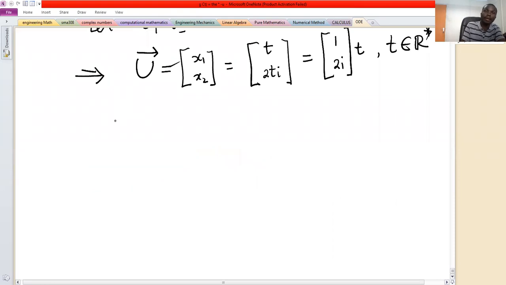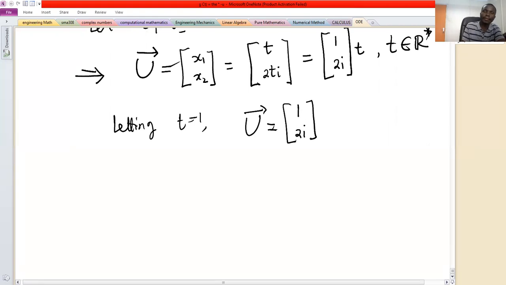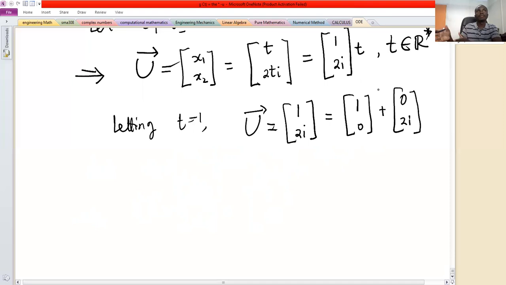Now, letting t to be 1, then u will be 1, 2i. But this can be written as 1, 0, then plus 0, 2i. What is making me split into two is to ensure that I have the real part and the imaginary part of the vector.